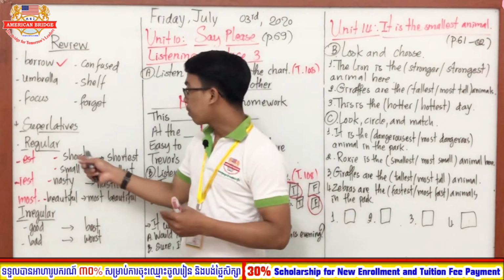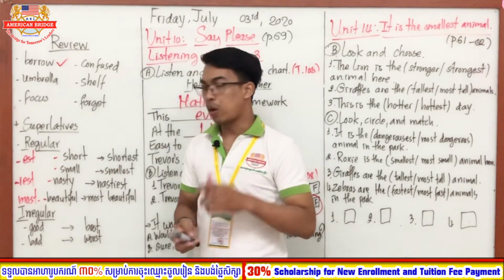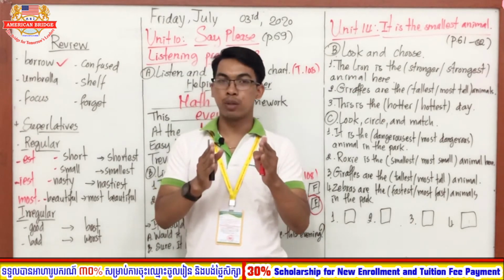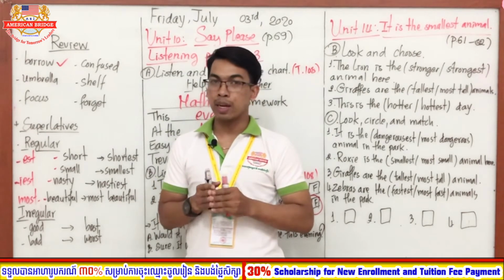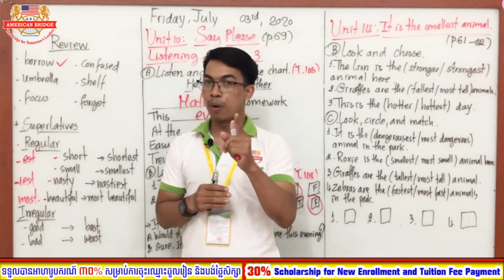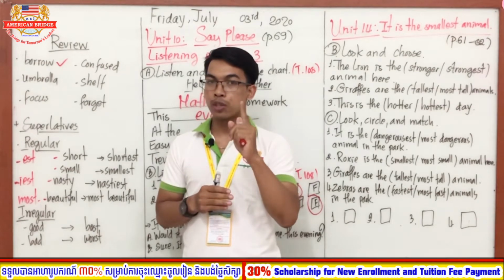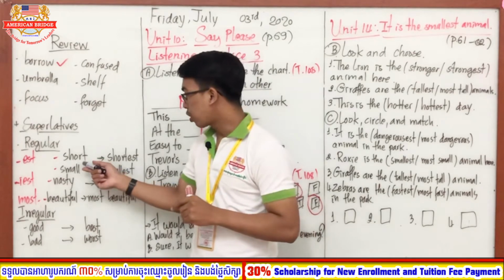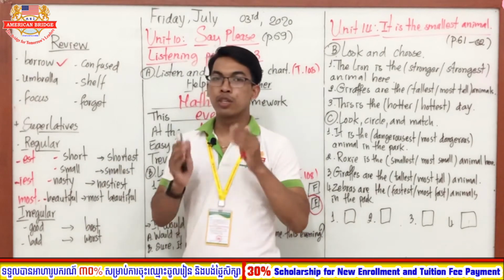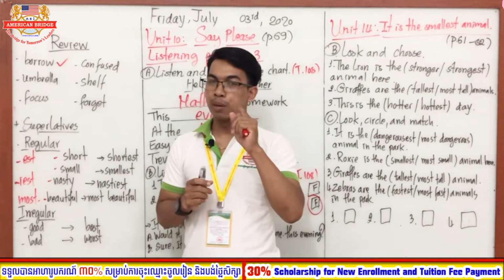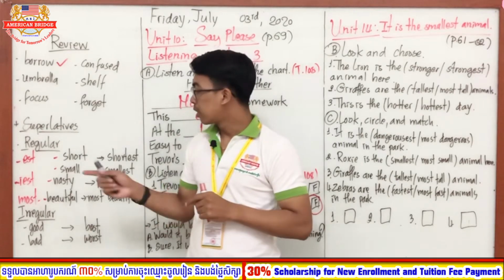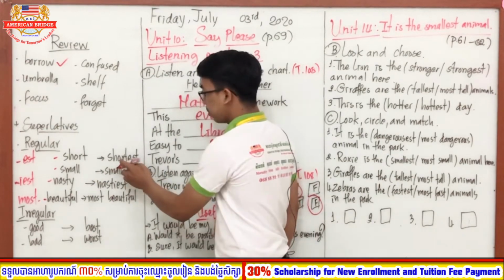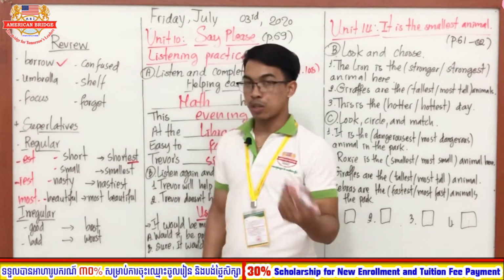In regular, the first one is est. We add est to the last letter of an adjective that has only one syllable, or we can say short adjectives, like the word short. Only one syllable, right? So we just add est to the last letter and it becomes shortest.